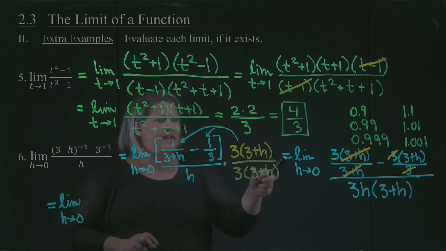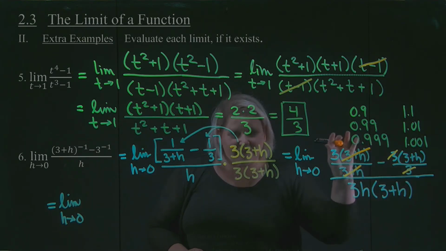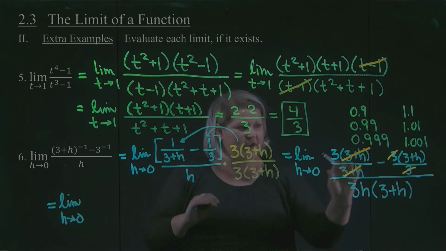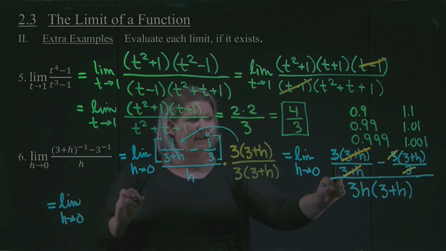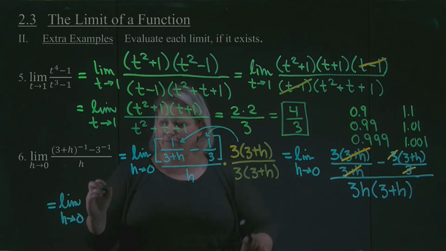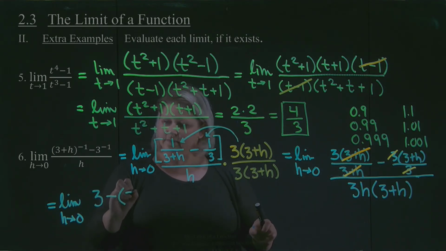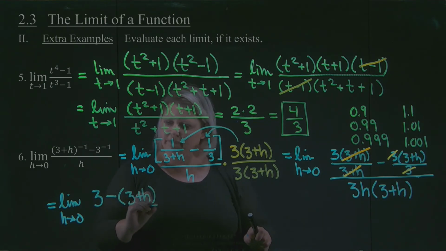In the numerator, I've canceled all the denominators. So all these pesky denominators here, I've gotten rid of. And the only thing I have left is here I have left 3, and then minus my 3 plus h.